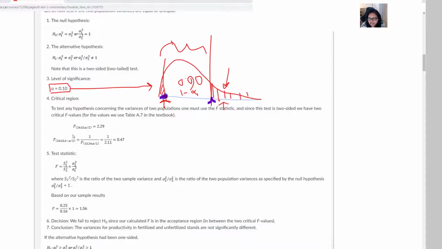For the critical value, you need to think about the sample sizes, n1 and n2, and the degrees of freedom: v1 for the first group and v2 for the second group.